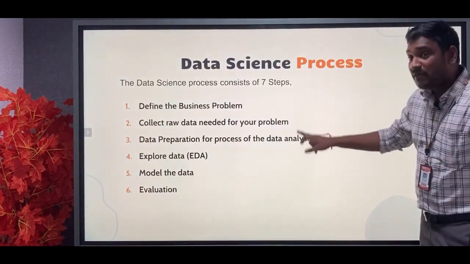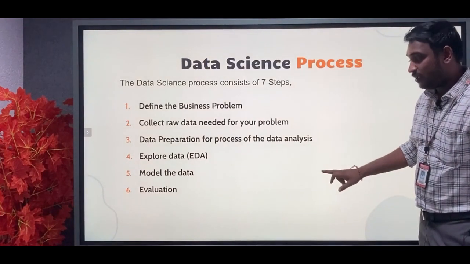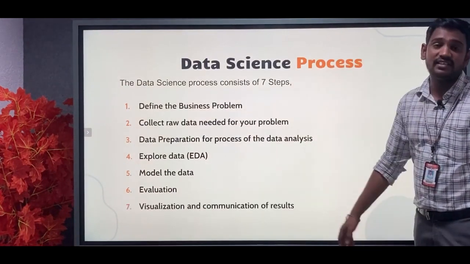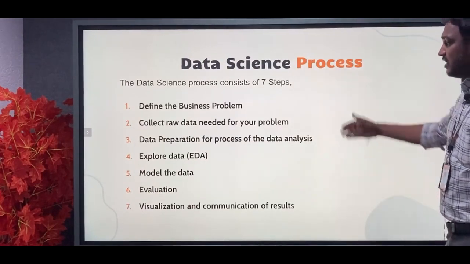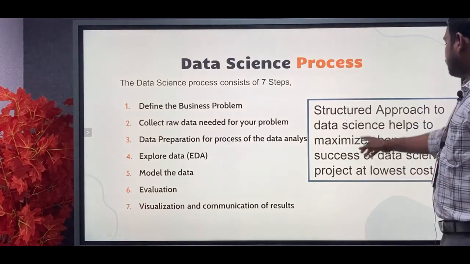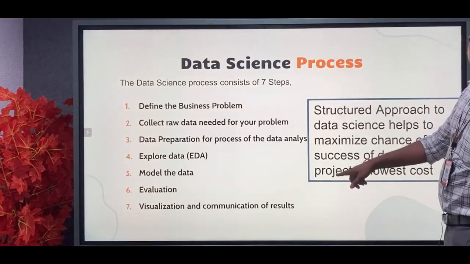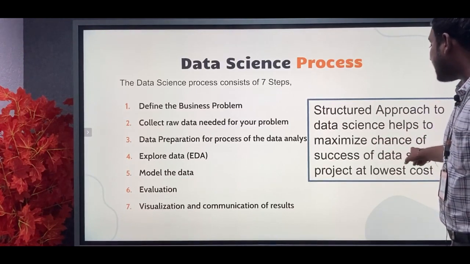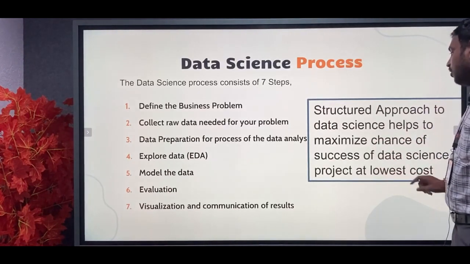I will explain one by one in depth after this slide, don't worry. Next, visualization and communication of results. This is the final stage in the data science process. These are the 7 steps we have to follow, right? Next, why do you have to follow these 7 steps? See, a structured approach to data science helps to maximize the chance of success of a data science project at the lowest cost.